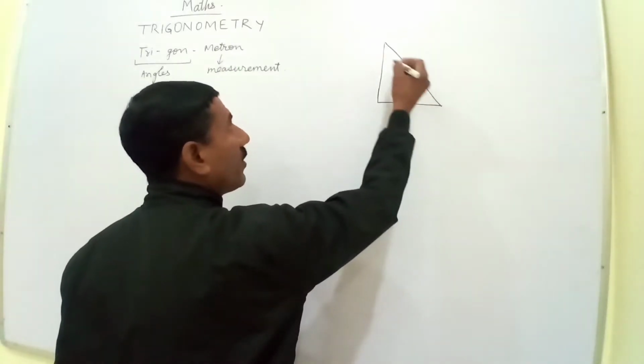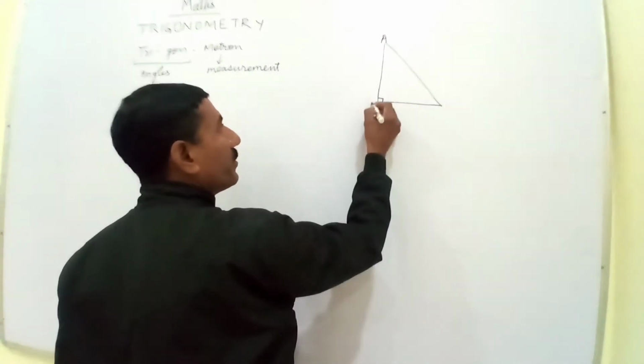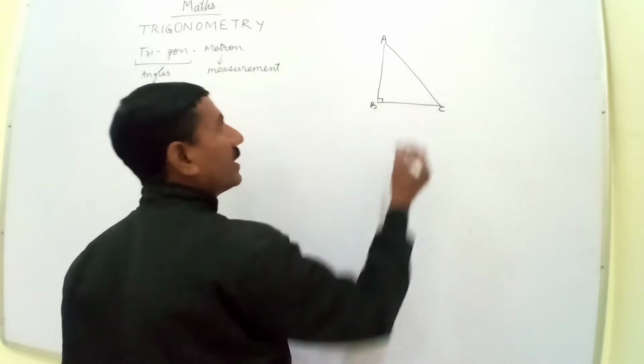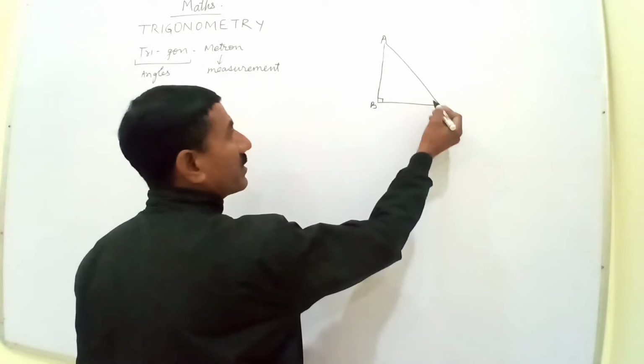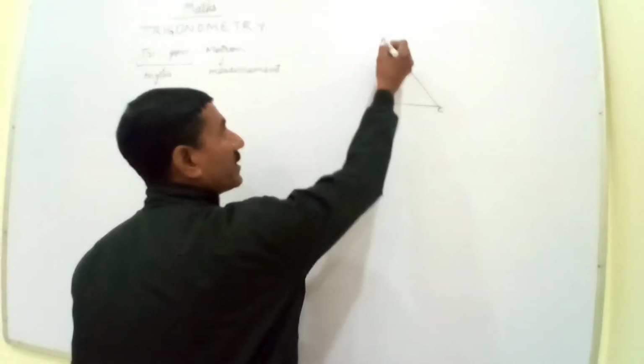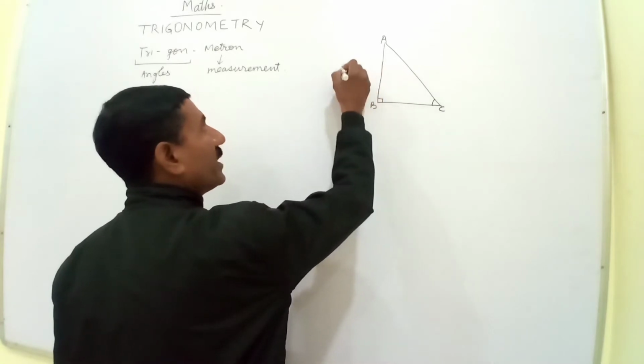So now draw a right angle triangle ABC, right angle at B. In this triangle, the side opposite the angle is called perpendicular.